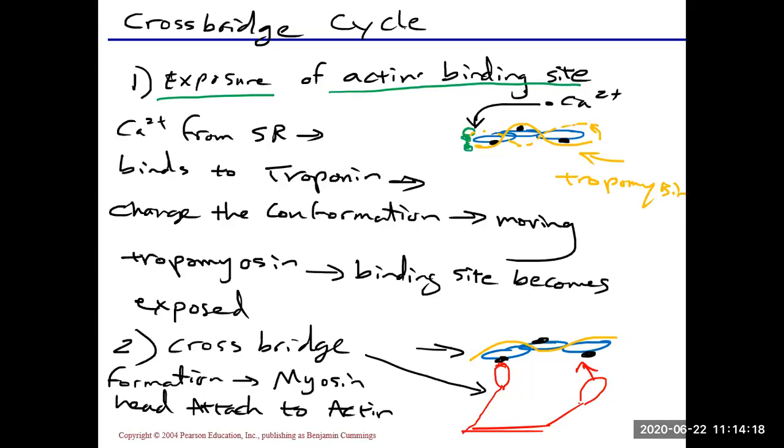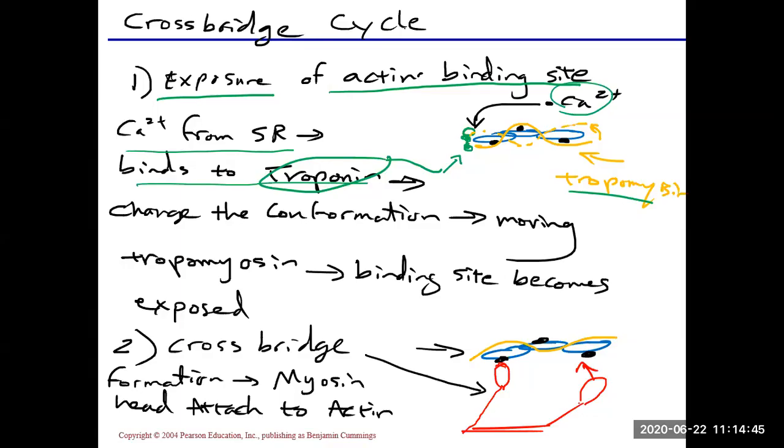In other words, calcium coming from the SR binds to troponin, and it moves the tropomyosin. You can see calcium right here coming in, binding to the troponin. This is troponin, and it moved the tropomyosin. At this point in time, the binding sites for the actin are exposed.